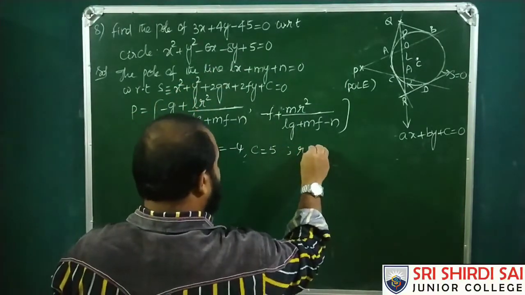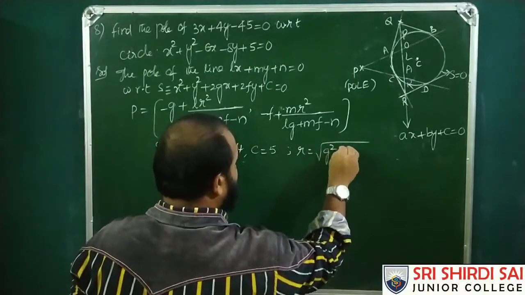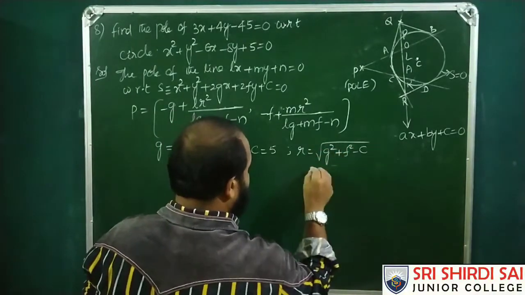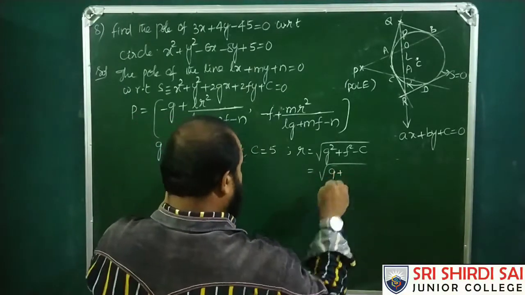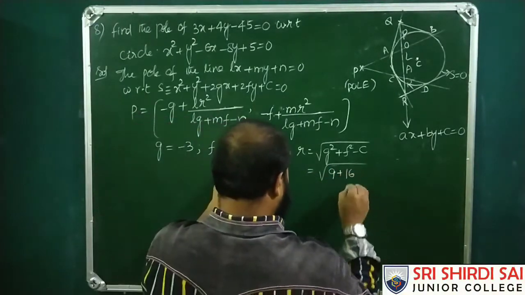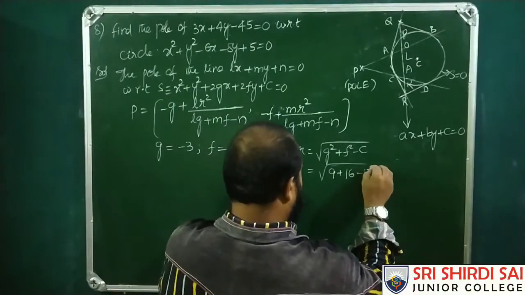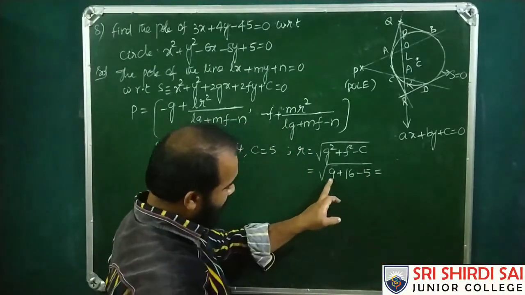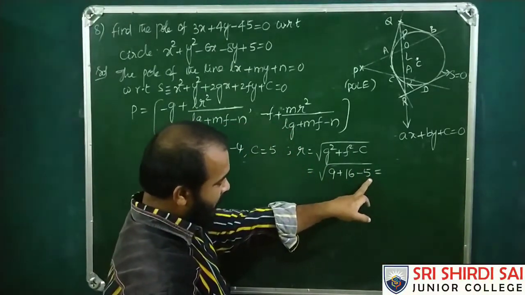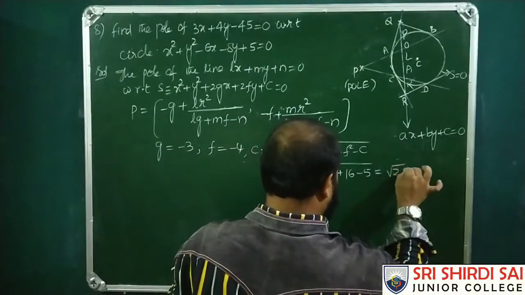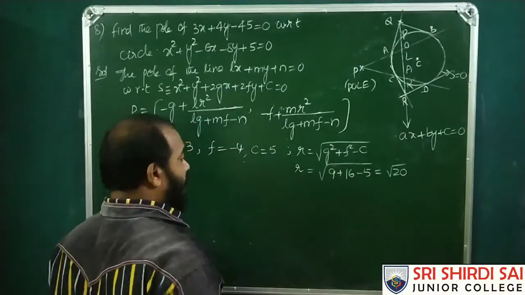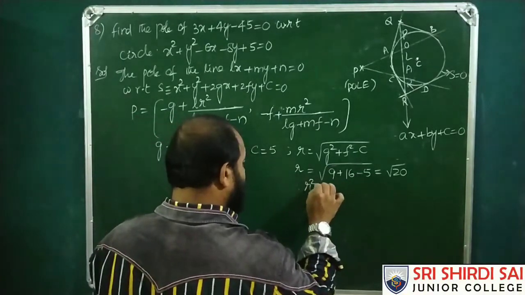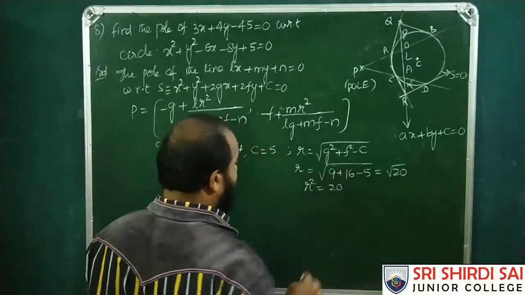Then the radius equals the square root of g square plus f square minus c, root of 9 plus 16 minus 5, which is 25 minus 5, so root 20. So r equals root 20. Therefore r square equals 20.